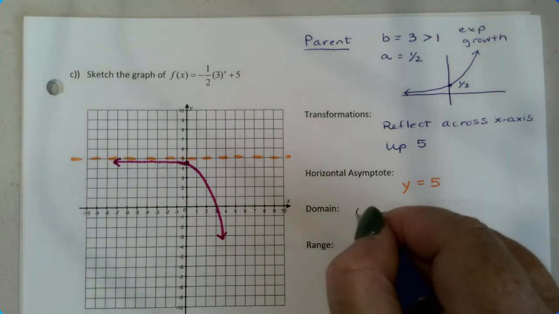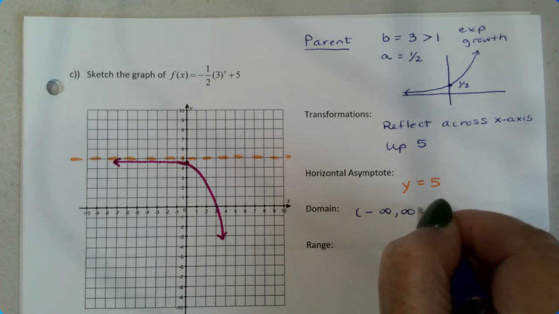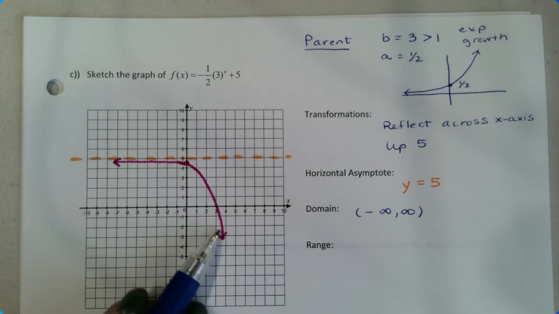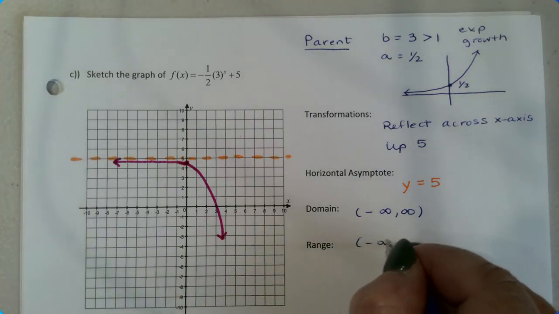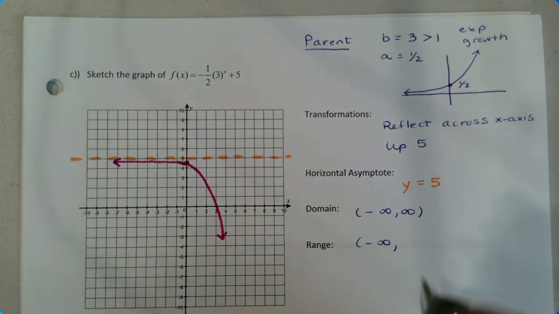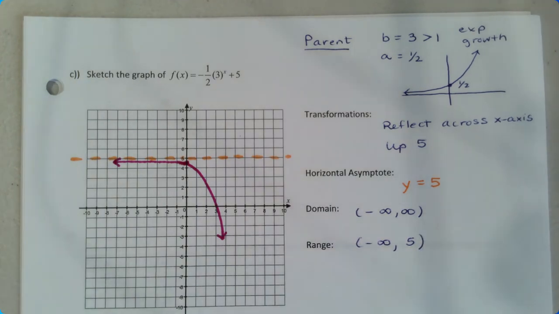All right, domain still negative infinity to infinity. The range, this graph is going all the way down to negative infinity. And then it comes up almost to y equals 5, but doesn't quite touch it. So we'll go with 5 with a parenthesis.